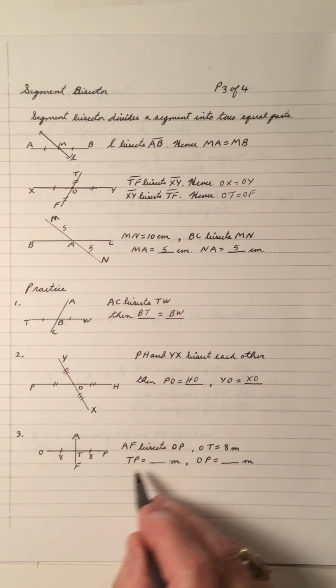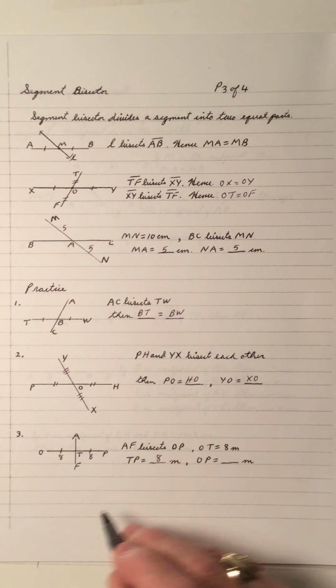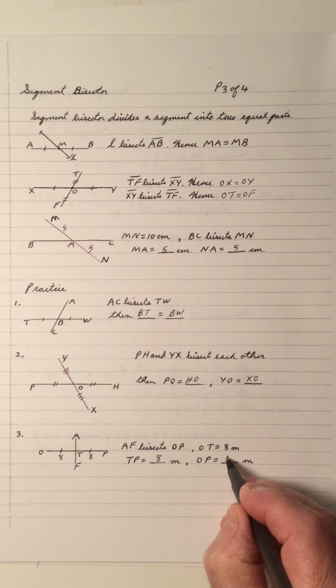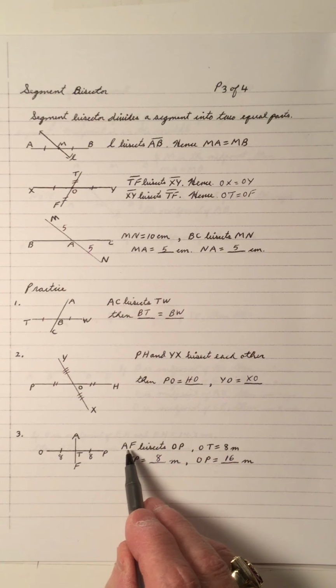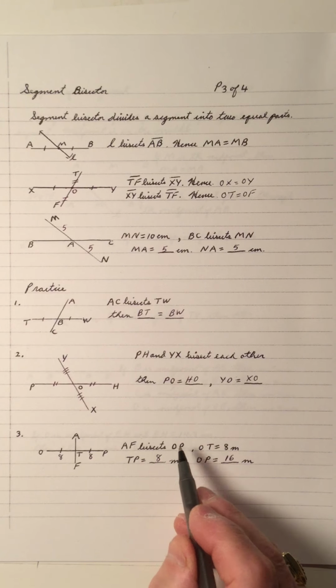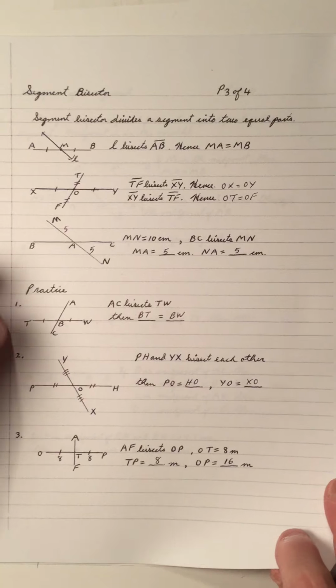So TP is 8 centimeters or 8 meters. Got meters here. So that means that OP is 8 and 8 makes 16. Again, notice that AF bisects OP. OP is the one that's cut in half. Okay, that's segment bisector.